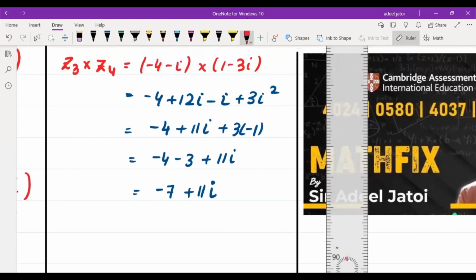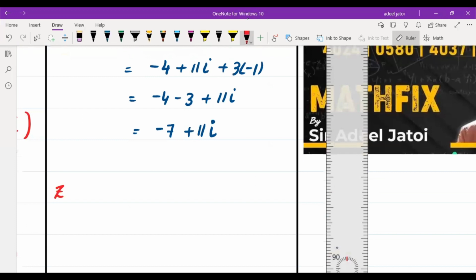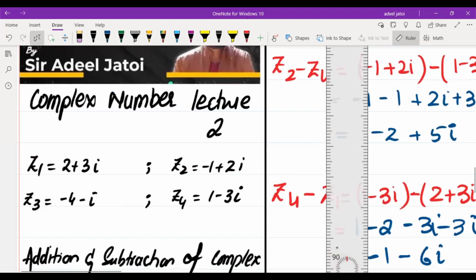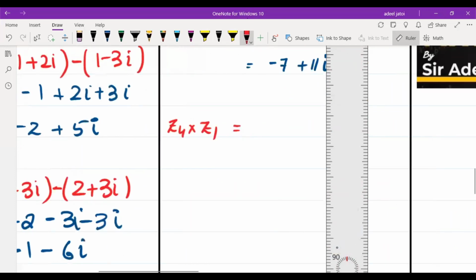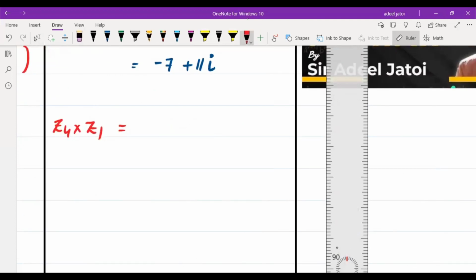Let's work out another example. Let's say Z4 multiplied by Z1. Z4 is 1 minus 3 iota, Z1 is 2 plus 3 iota. So let's write down 1 minus 3 iota multiplied by 2 plus 3 iota.